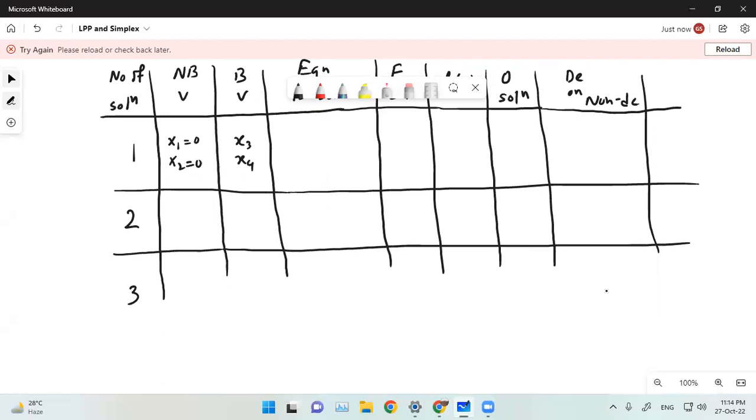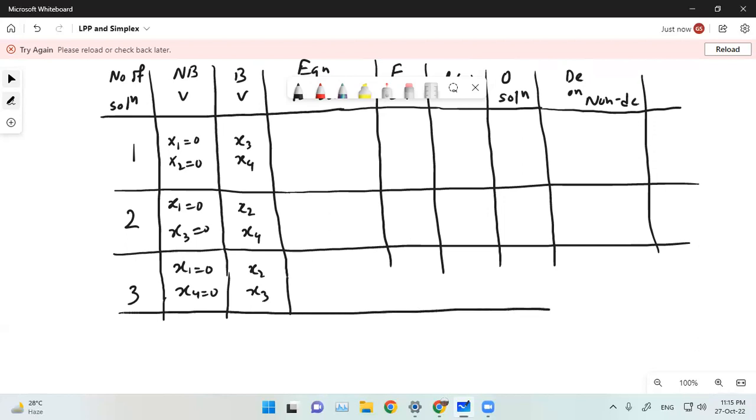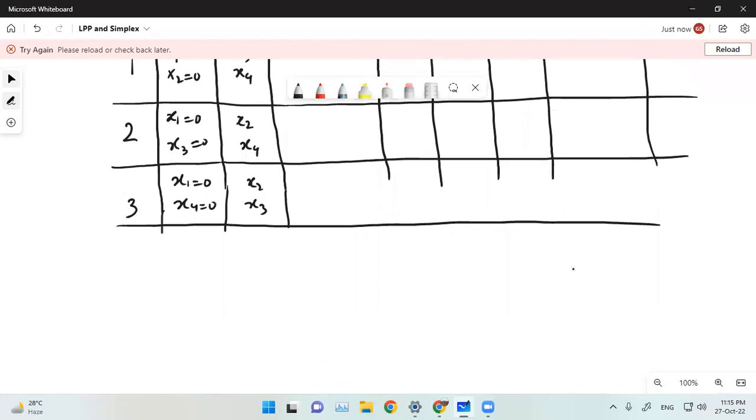So next one is x1, x3, so x2 and x4 will be our basic variables. Then we have x1, x4, so here x2 and x3 will be our basic variables. Then case 4.